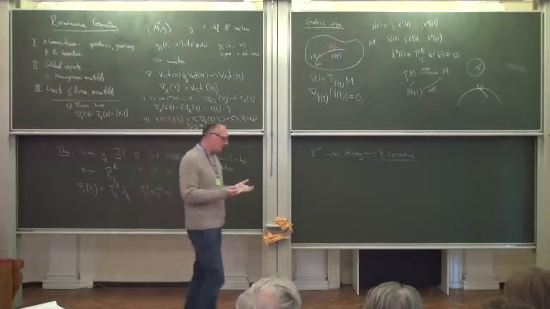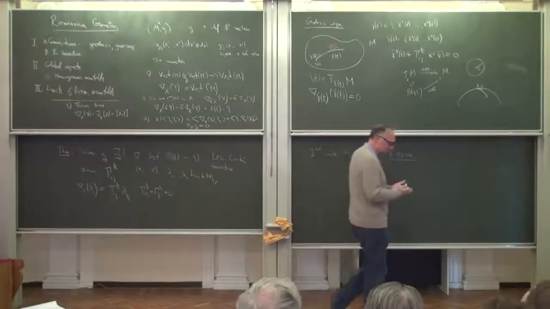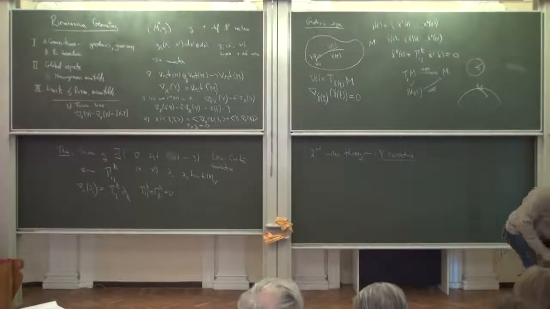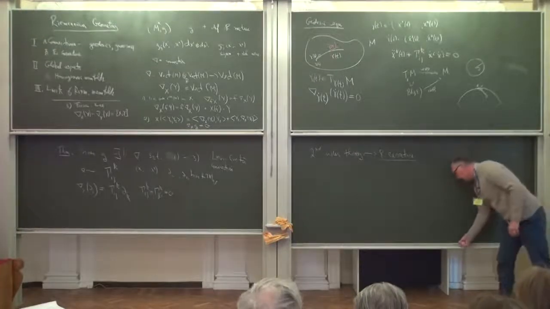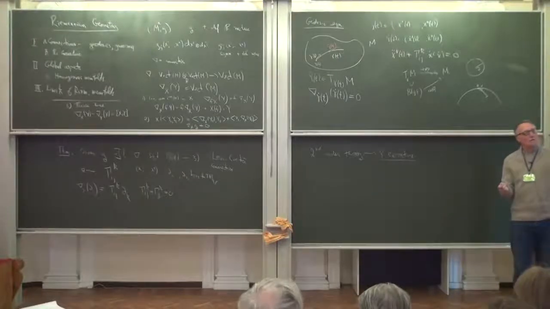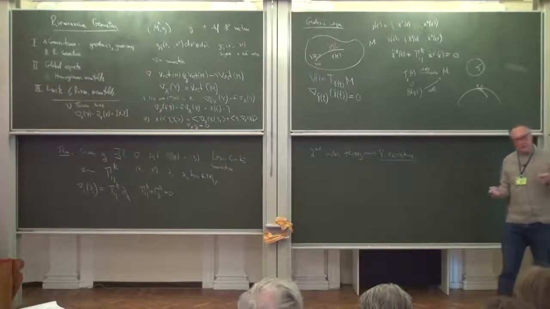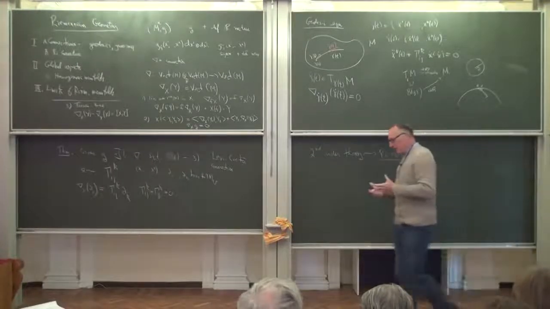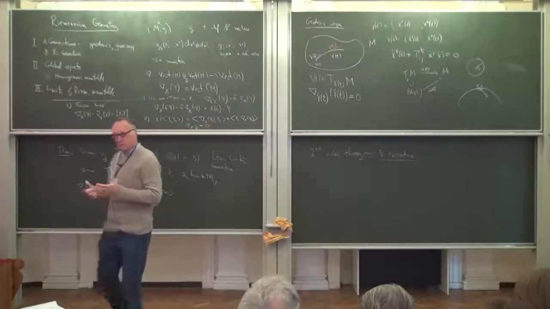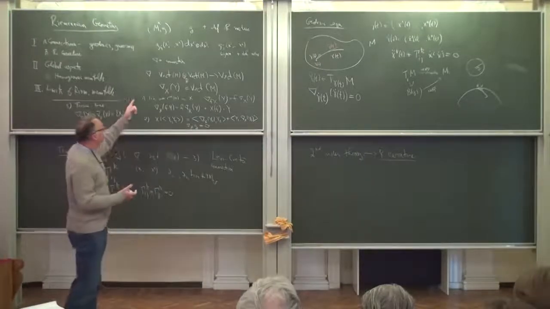So given any positive definite matrix on a vector space of dimension n, you can find a basis for the vector space in which that inner product is diagonal with diagonal values 1. So it's the standard inner product. Well, you can take that linear statement and transform it to a statement about metrics.